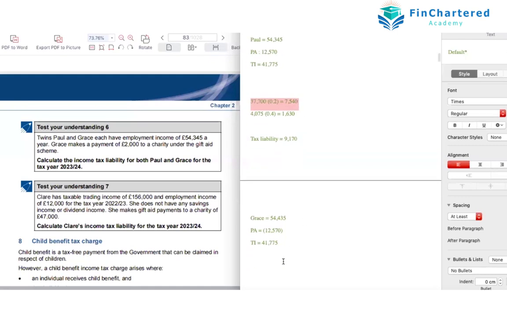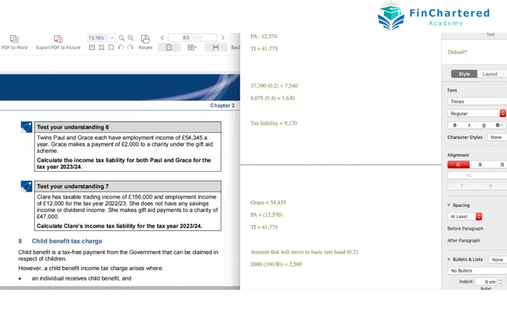How much more will move to the basic rate band? I told you the formula: the donation made multiplied by 100 divided by 80. How much is it? 2,500. So 2,500 will move to the basic rate band.